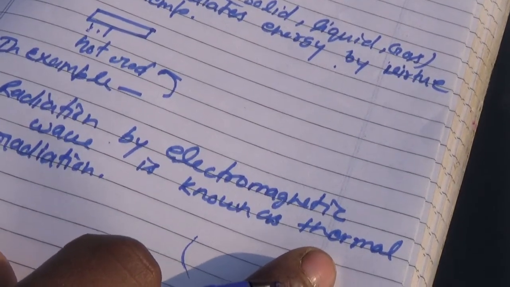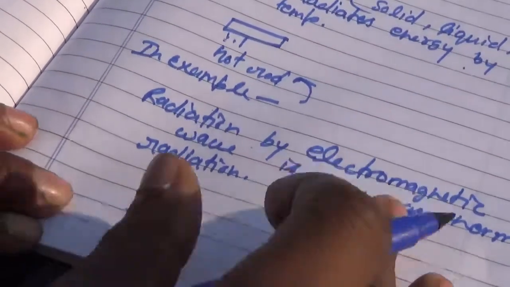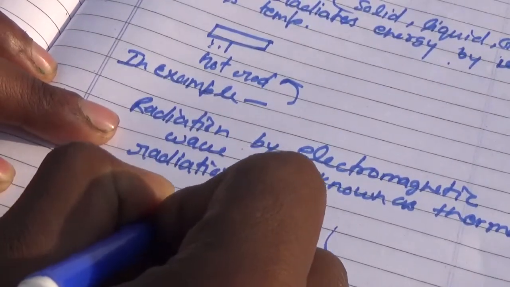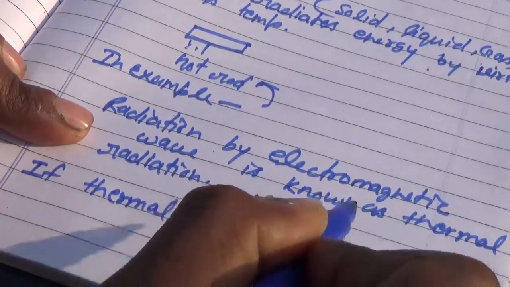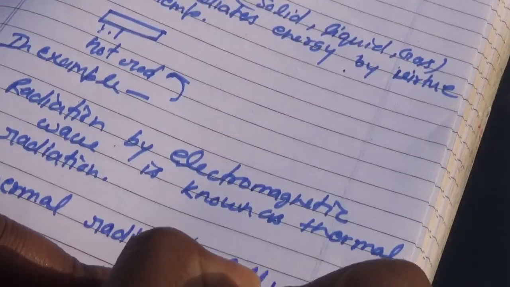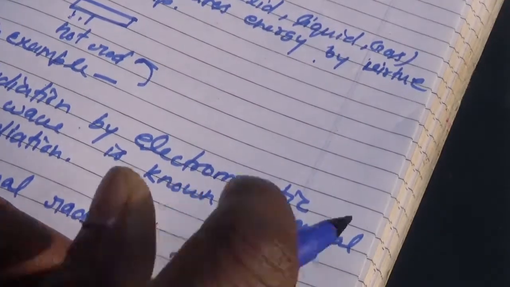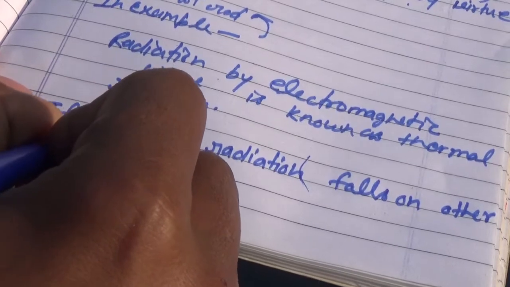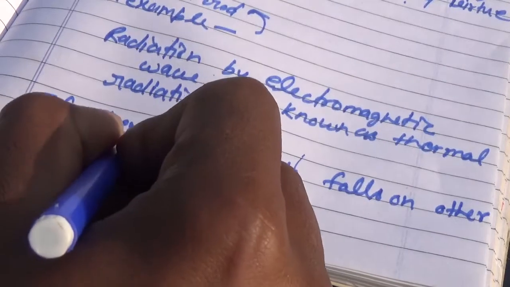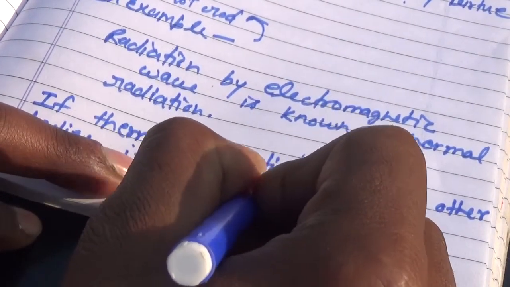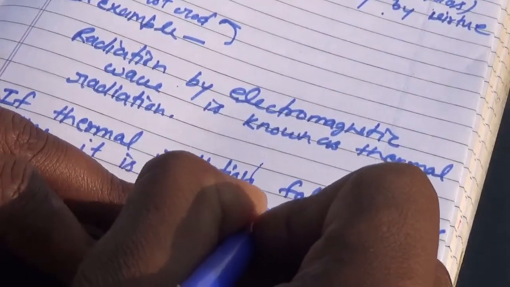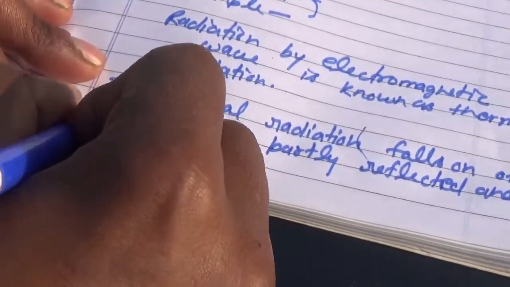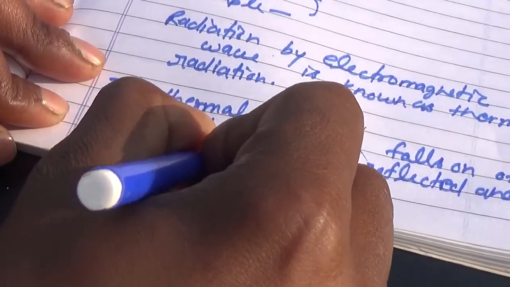Now the next important concept we want to see here: if thermal radiation falls on other bodies, it is partly reflected and partly absorbed.